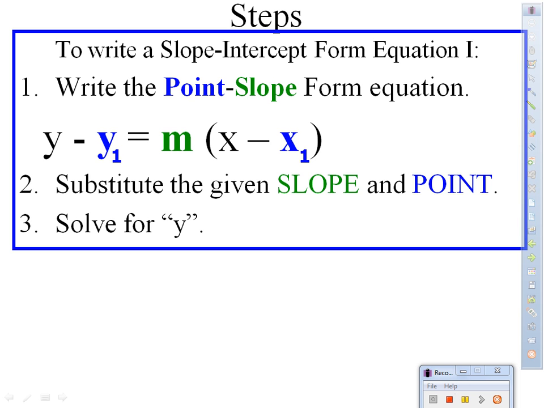Point slope form is y minus y1 equals m times x minus x1. Point slope form is y minus y1 equals m times x minus x1.